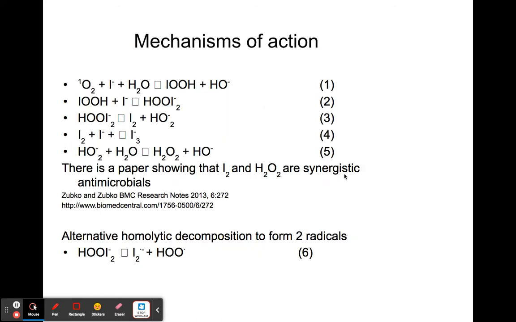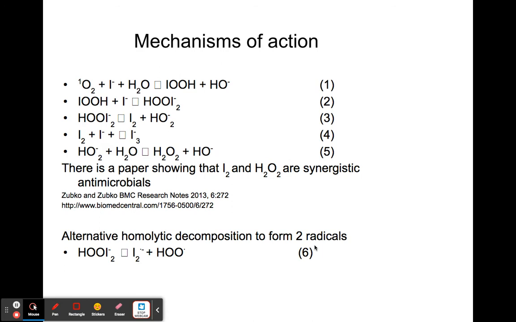So here's the mechanism of action. First thing, you get addition of singlet oxygen to iodide to give you peroxyiodide, which can then undergo a sort of rearrangement and give you a mixture of hydrogen peroxide and free iodine, but you also can get iodine radicals.